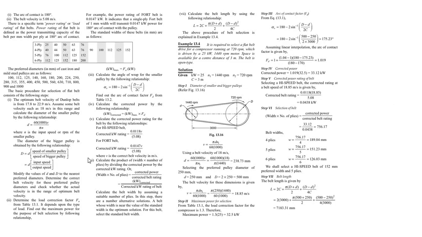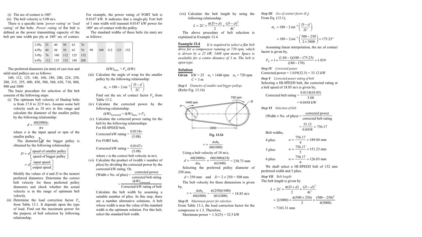There are a total of 8 steps through which we can select the proper belt for our application. We should know the power transmitting capacity and center distance required in order to follow this selection procedure. First step: the optimal belt velocity should be taken as 17.8 to 22.9 meters per second.